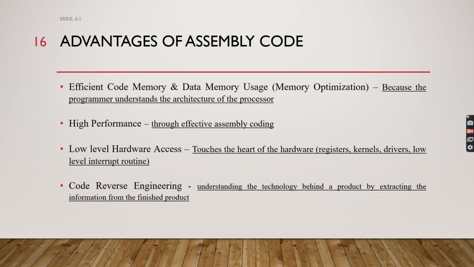He knows where the registers are, the capacity of the registers, and even how to get at the registers. Because of this, there is high performance because of effective assembly coding, and this is because the programmer understands the memory composition of the system he is trying to design, or the microcontroller he is working on.